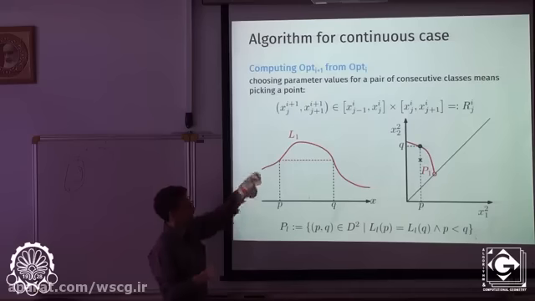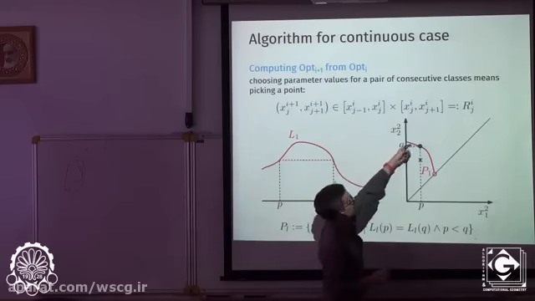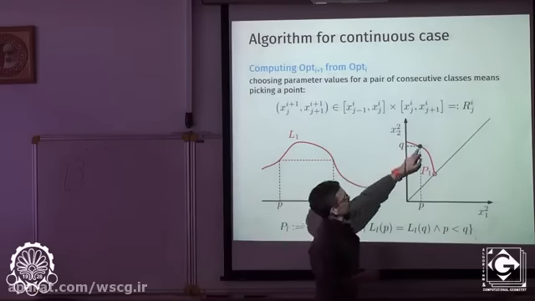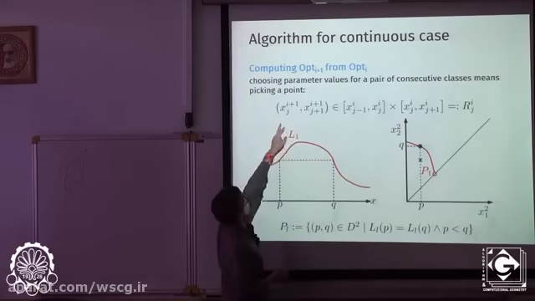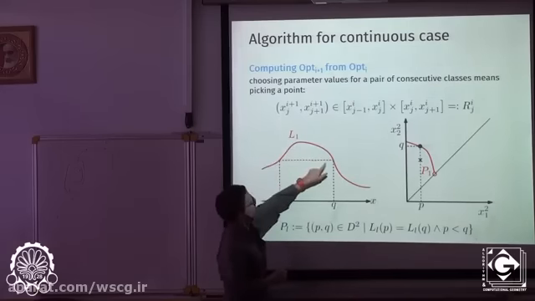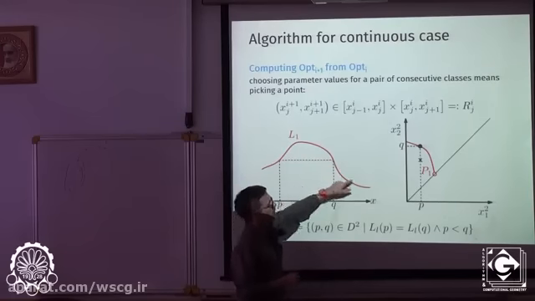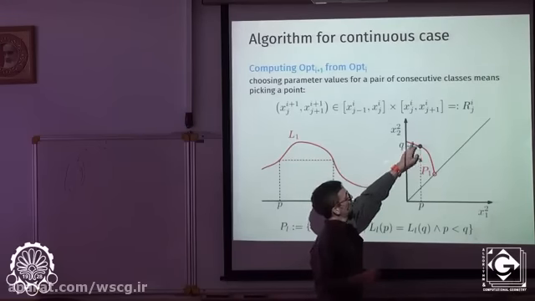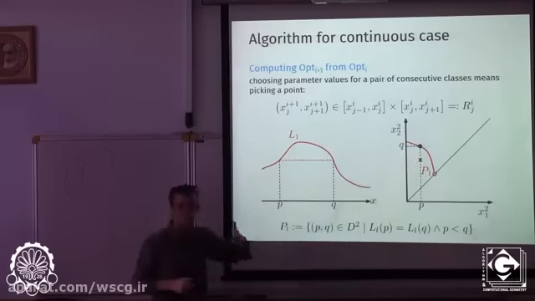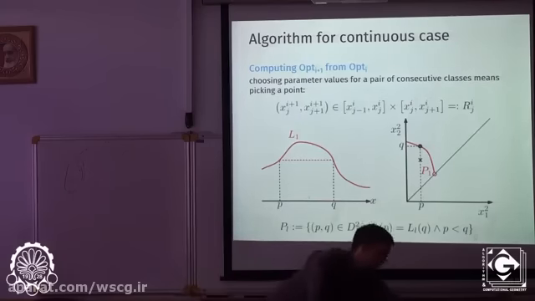If this point is exactly on that curve, it means that these two values are values where the likelihood is the same. So it doesn't matter which class I use, but I can use this curve to determine whether to go to class J or to go to class J plus 1.